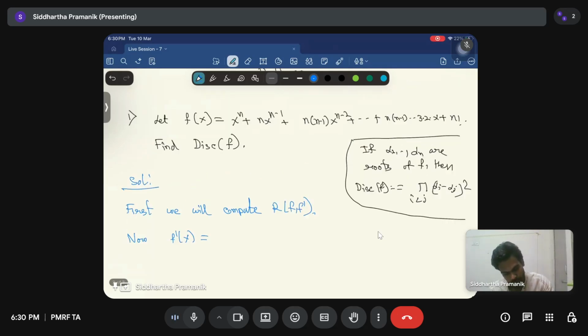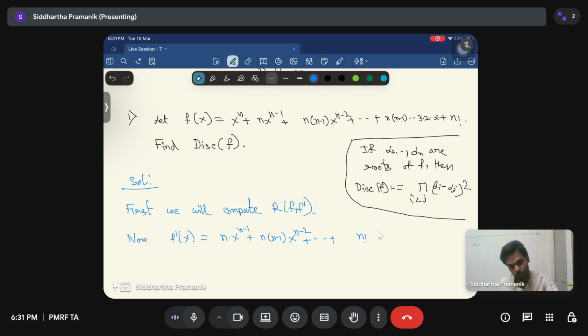It is just n times x^(n-1) plus n times (n-1) times x^(n-2) plus dot dot, it is just n factorial.